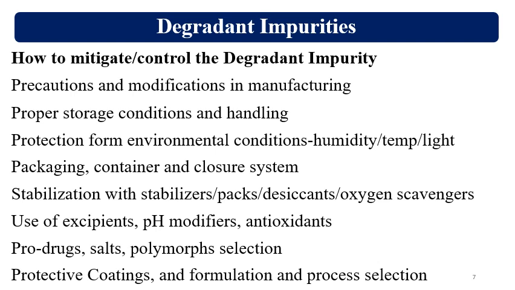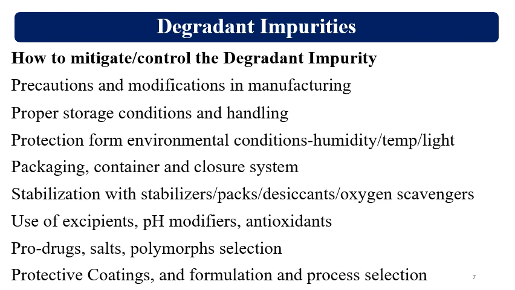Then packaging, container and closure system can be evaluated and finalized to control the degradation impurities. Stabilization of the formulation by the use of stabilizers, by the use of some packs or desiccants and oxygen scavengers.